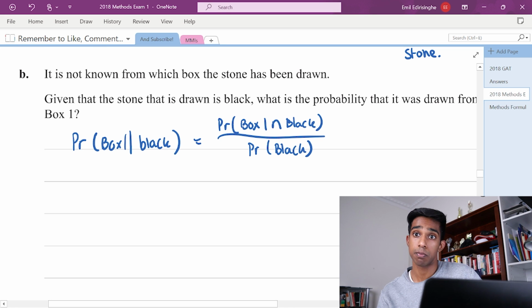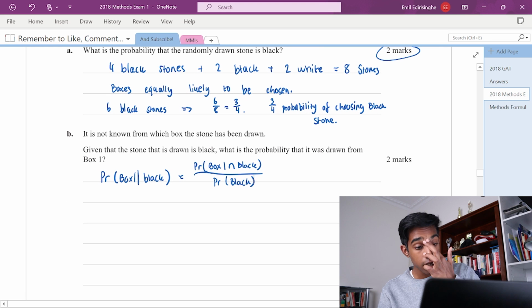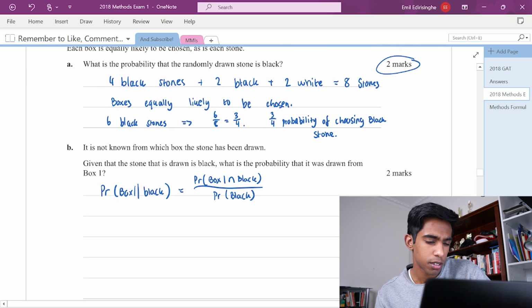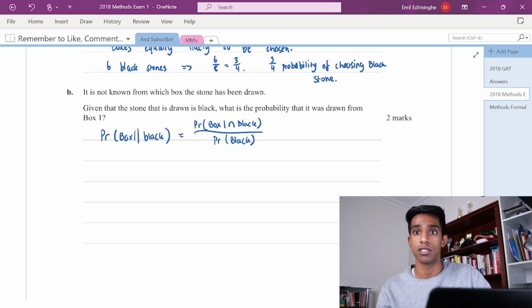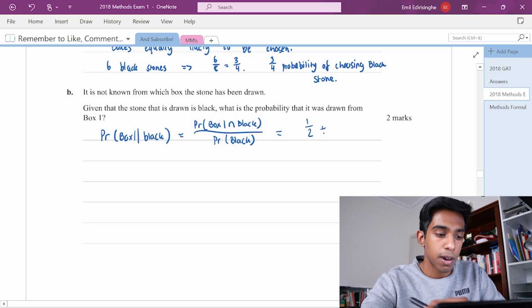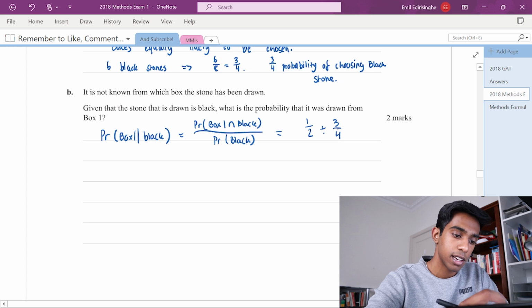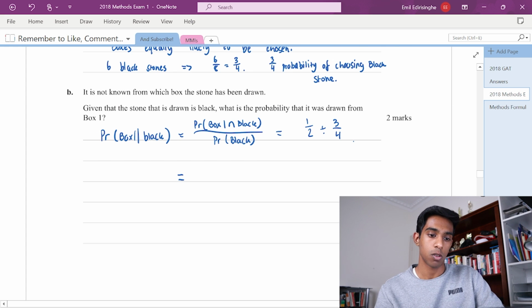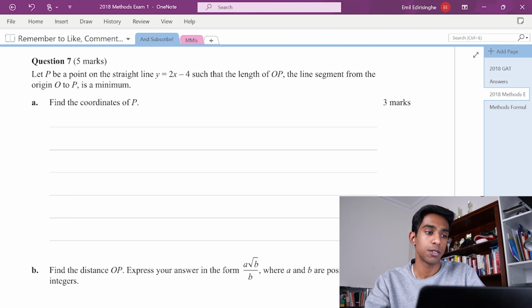So the probability of picking a stone from box 1 and it's black is going to be 1/2, because there is a 4 in 8 chance of picking a stone from box 1, and if you pick a box 1 stone, it's always going to be black. So we get 1/2 divided by the probability that it's just black, which we calculated above, which is 3/4. And this gives us 2/3.